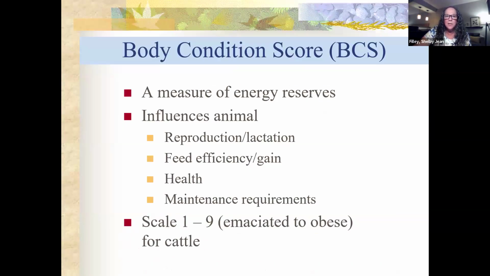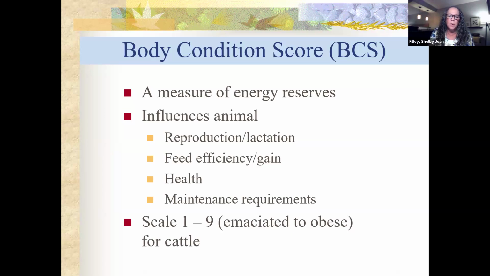Let's look at body condition score and how that affects the nutrient requirements. Body condition score is a measure of energy reserves, how much fat and muscle the animal can use to supply energy for growth, lactation, and reproduction.